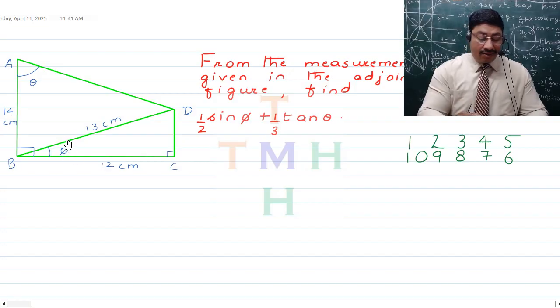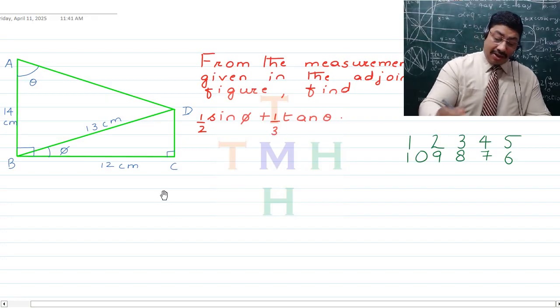So obviously the angle DBA will be 90 minus phi, right? And further we've been given that the base BC is 12 centimeter, and we've got to find out half times sine phi plus 1/3 of tan theta.